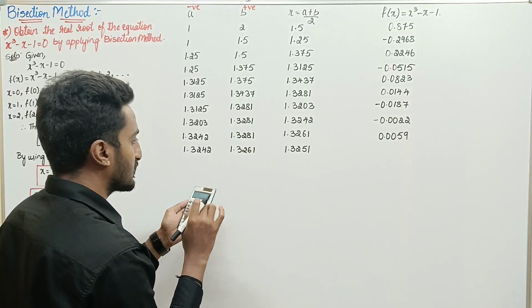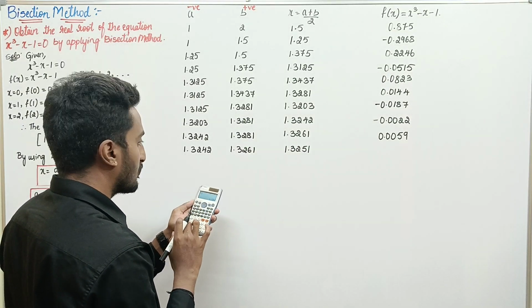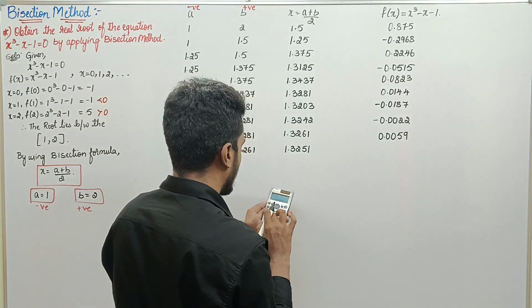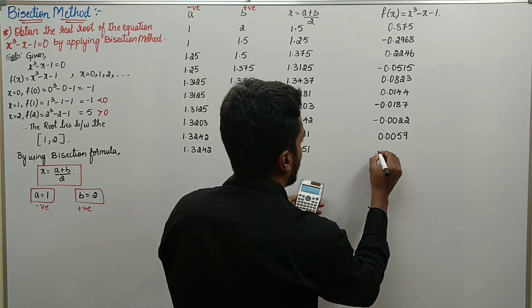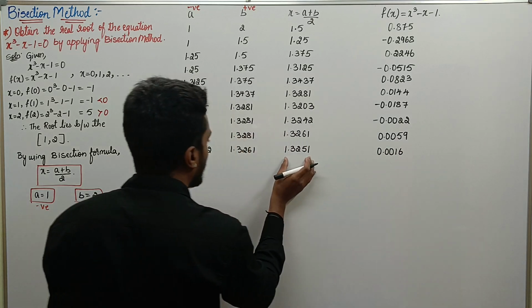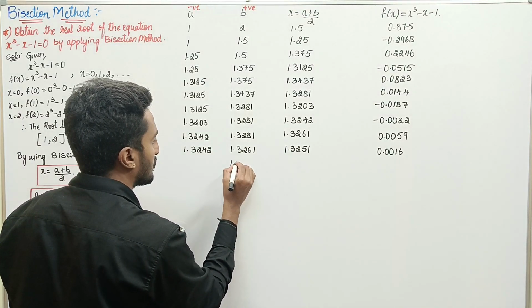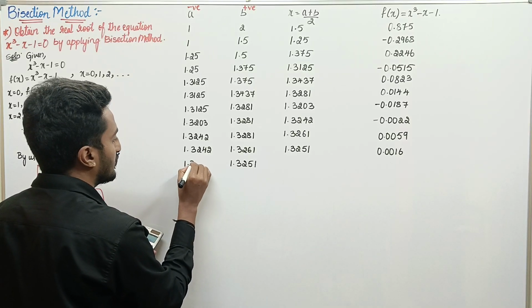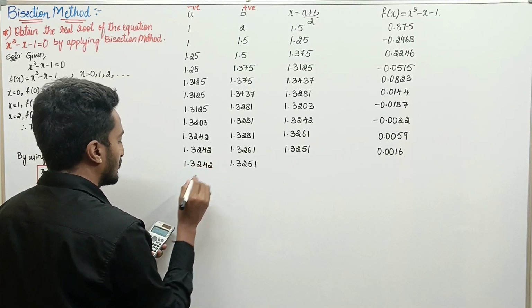Okay, substitute in the function value, calc 1.3251. You get, shift eng, 0.0016. Since it is positive, it will be replaced in the positive place, 1.3251, and this 1.3242 remains the same.